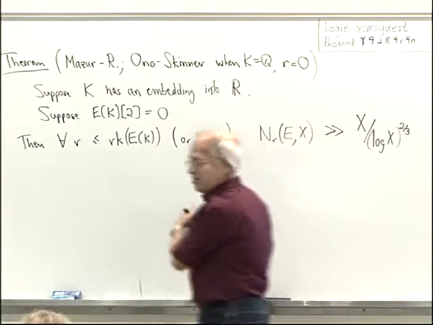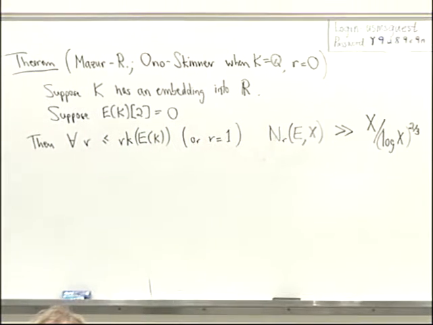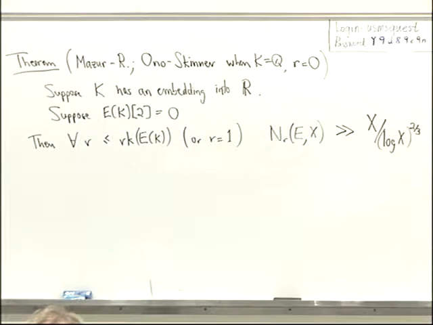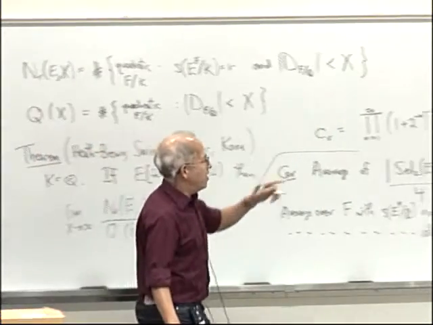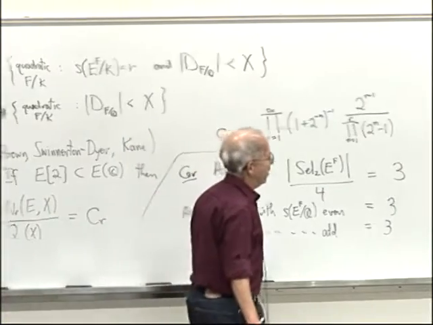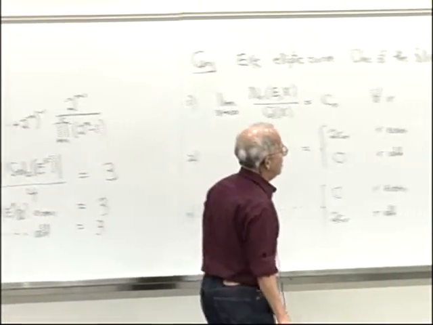So not positive density. I should say that this q of x grows like a constant times x. So this is less than saying a positive proportion have rank r, but at least it is infinite.